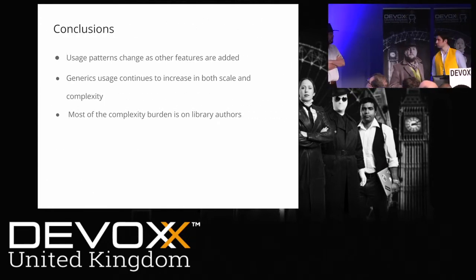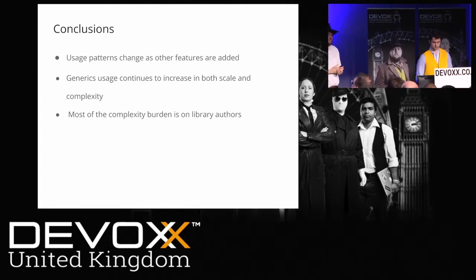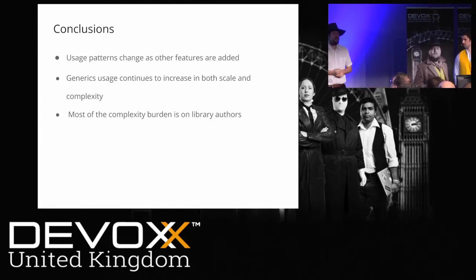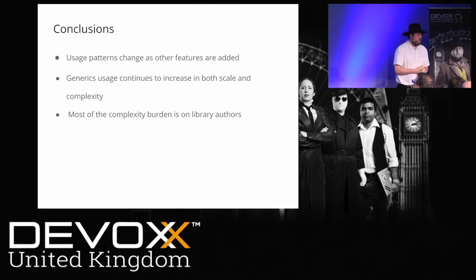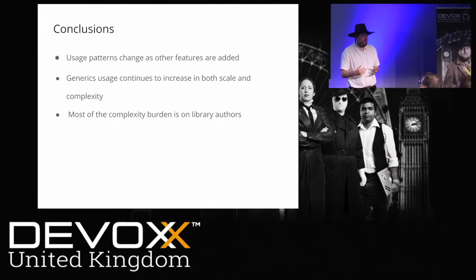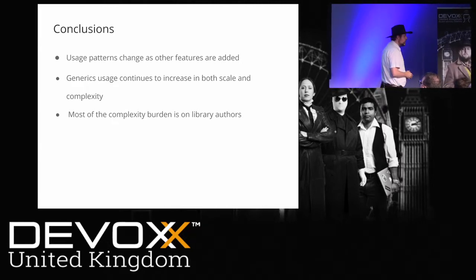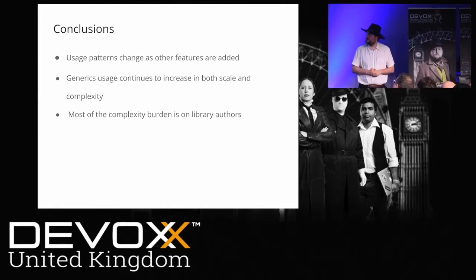Cool. So let's think about some conclusions here. We've noted that as new language features evolved, as things like lambdas were added, the patterns of generic usage evolved. Certain things like wildcards, which used to be very unpopular, have become a lot more popular. Over time, people have used more and more complicated libraries that stretch the generic usage more and more commonly.